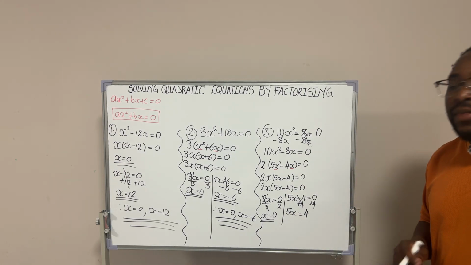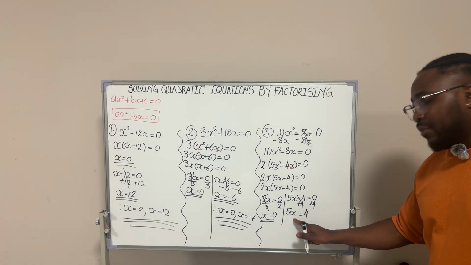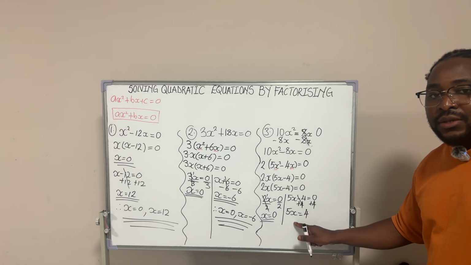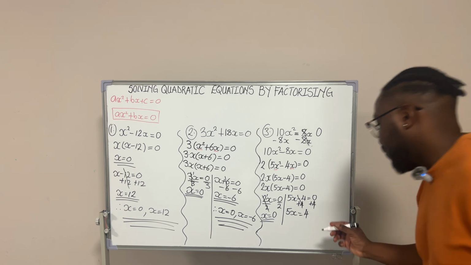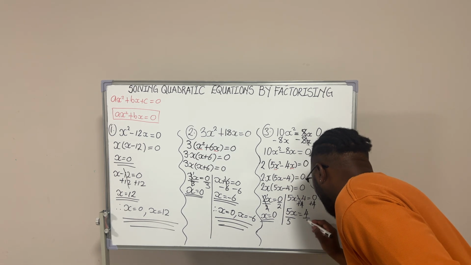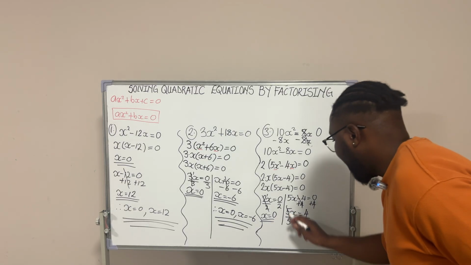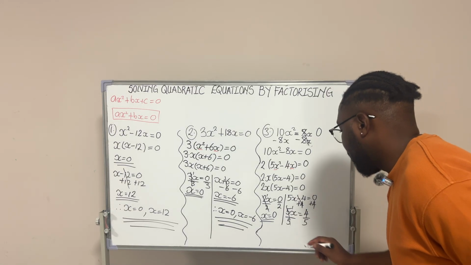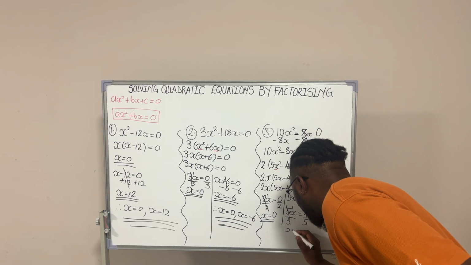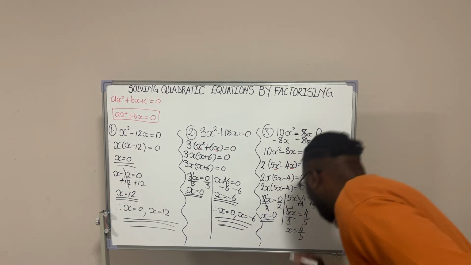Right? Now, what will be our next step? Finding the value of x by simply isolating it. And we can do that by dividing both sides of our equation by 5. 5 into 5 is 1. 1 multiplied by x is x equal to 4 over 5.